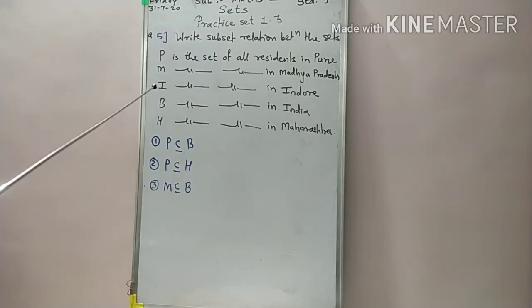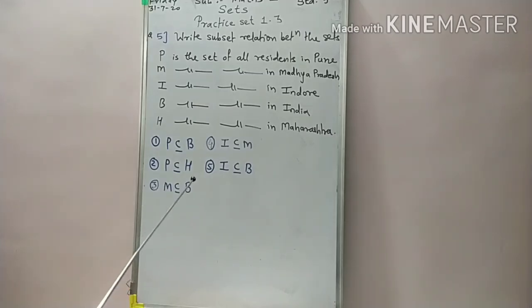So we can say I is a subset of B also. And similarly, I is not a subset of Maharashtra, because Indore city is not in Maharashtra. So all the residents in Indore are not in Maharashtra.